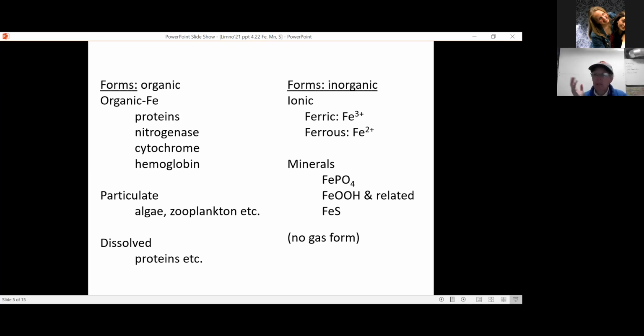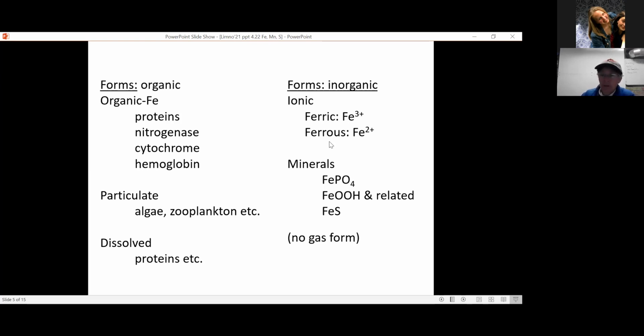In terms of inorganic forms, iron has 2 important oxidation, what do they call these? States. You can have Fe2 or Fe3. Fe3 plus is ferric.